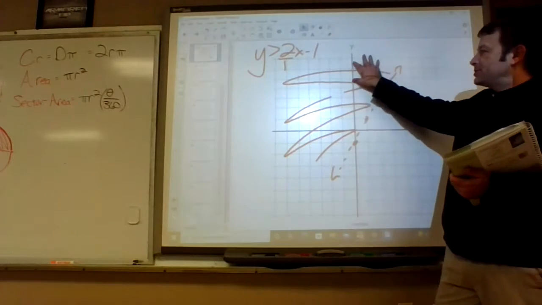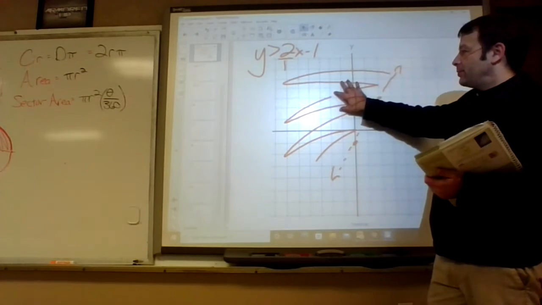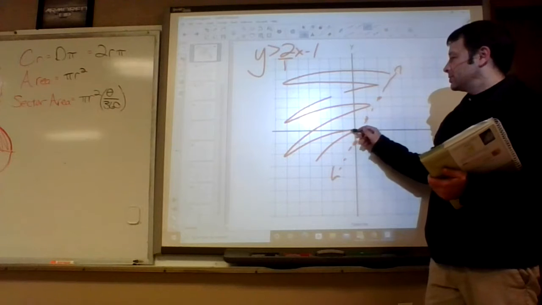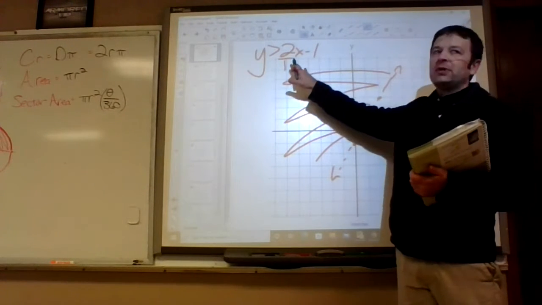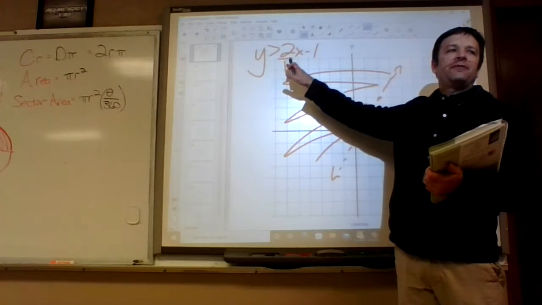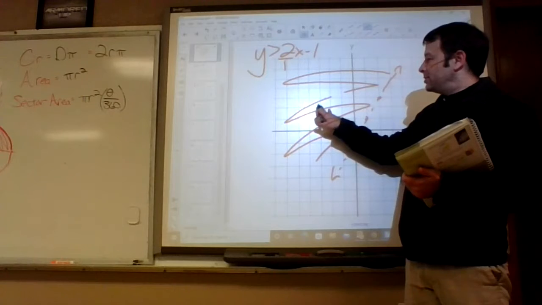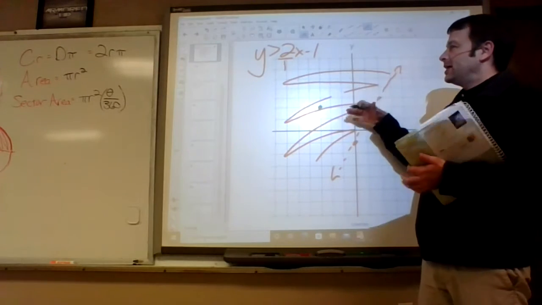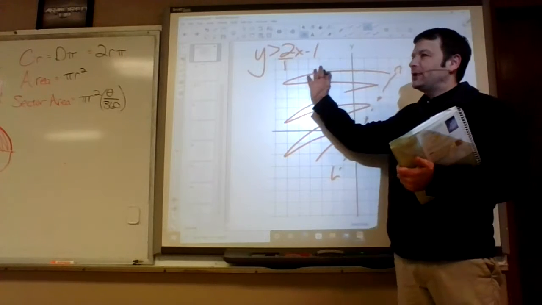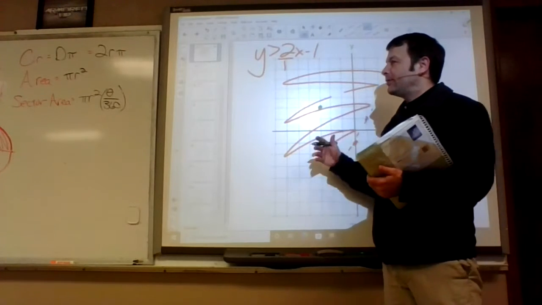This shaded region represents an infinite number of answers. If you say negative 3, 2, that's in the shaded region, that is one of the solutions. So you can't really say here's the answer because there's an infinite number of answers. That's why we graph it.